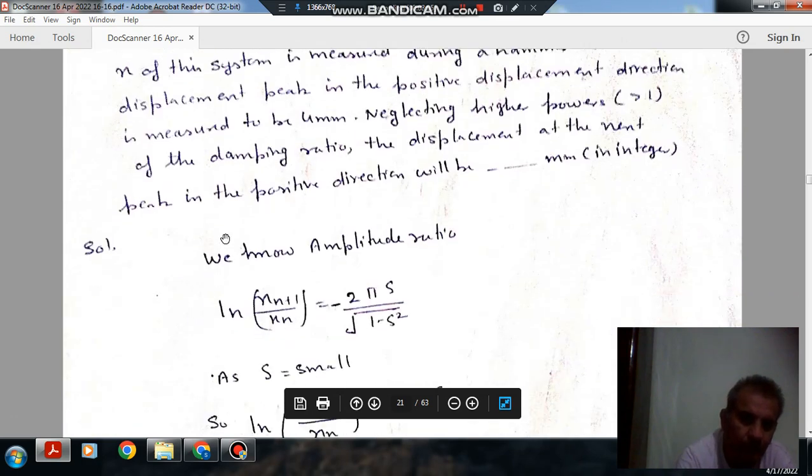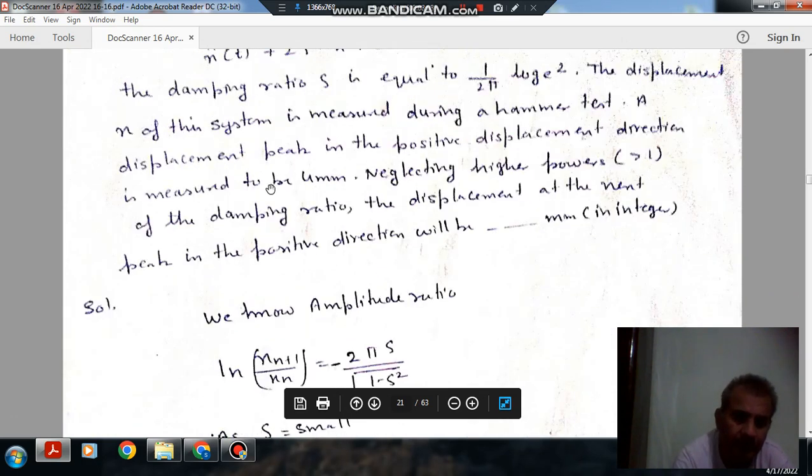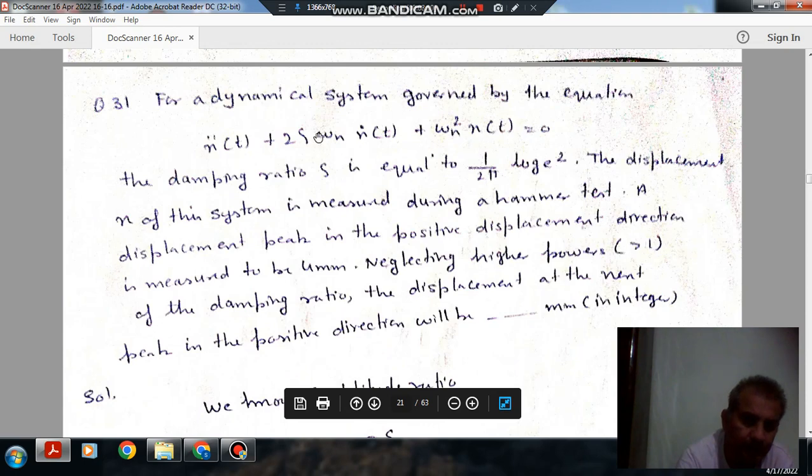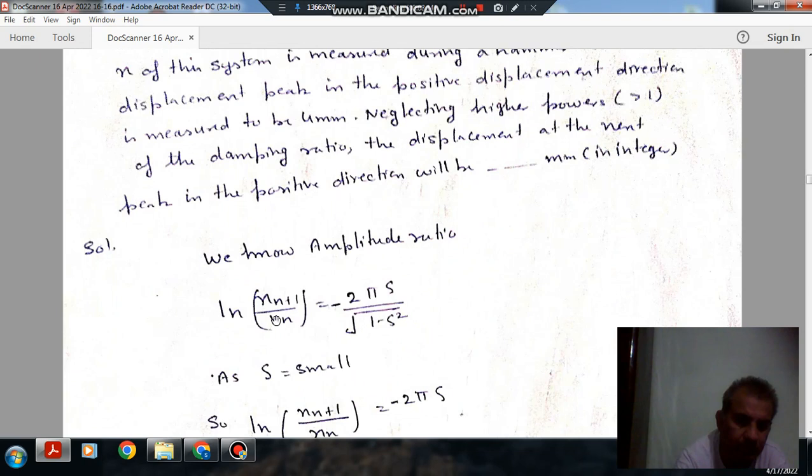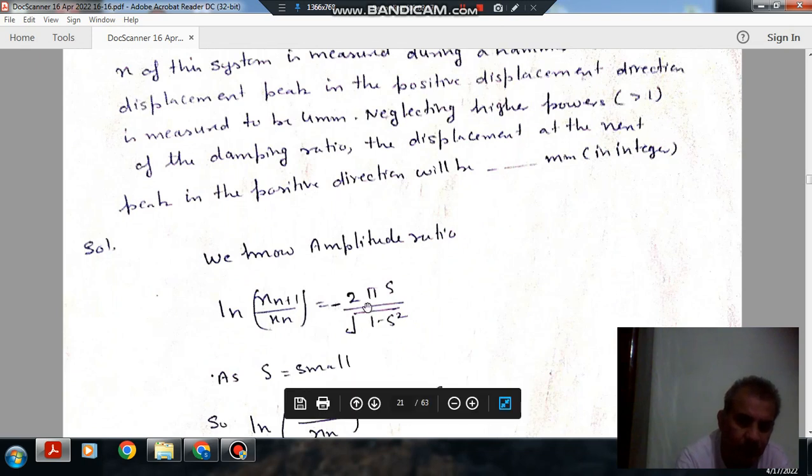Okay, so that is a case of damped vibration. In case of damped vibration we have the logarithmic decrement as 2 pi xi by root of 1 minus xi squared. As we have to neglect the higher power, this quantity will be 0.